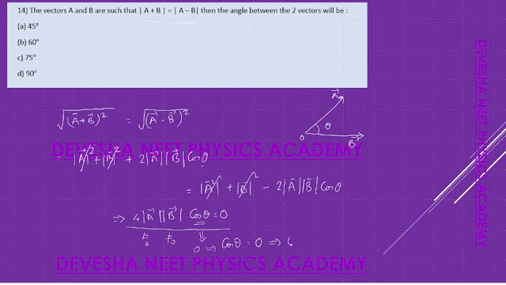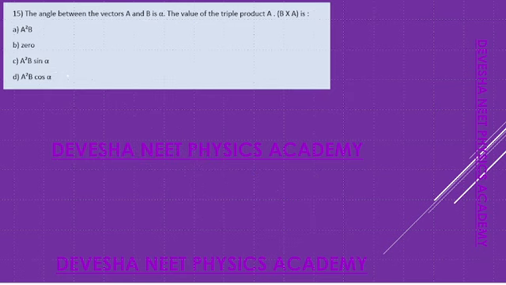This implies theta is equal to 90 degrees. So the answer here is the last option, which is D. Let's go to the next one now.